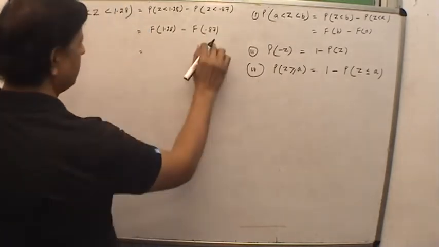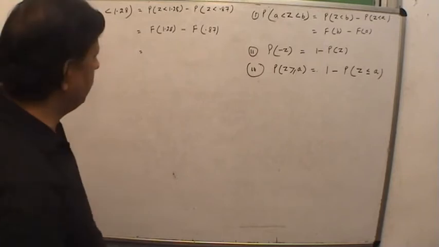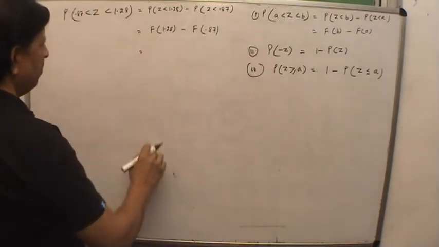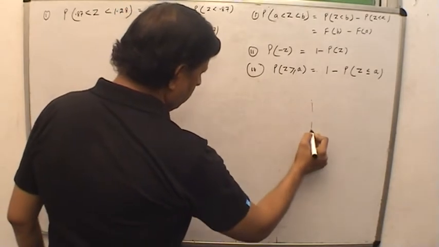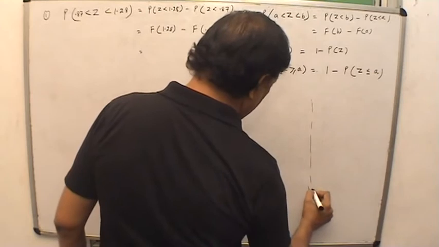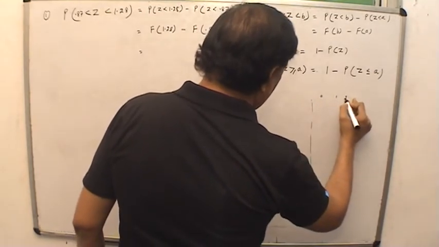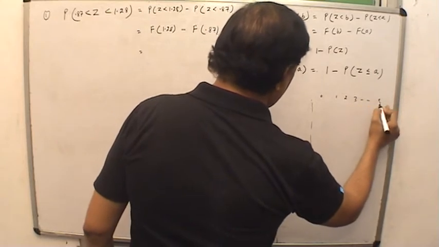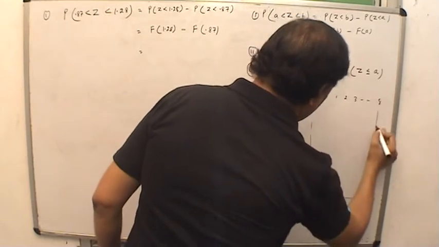We can check these values from the standard normal variable table in this way. For 1.28, 1.2 will be on the vertical column, and we shall get 0, 1, 2, 3 and so on up to 8. We check the value of 1.2 under the value 8.